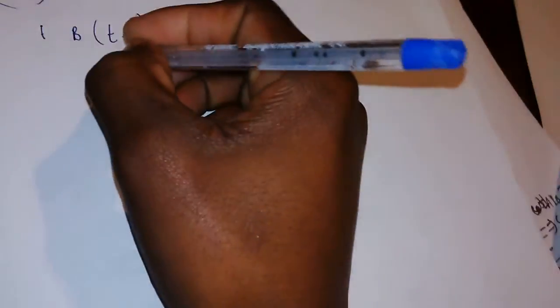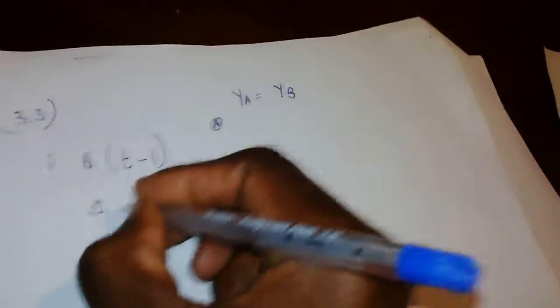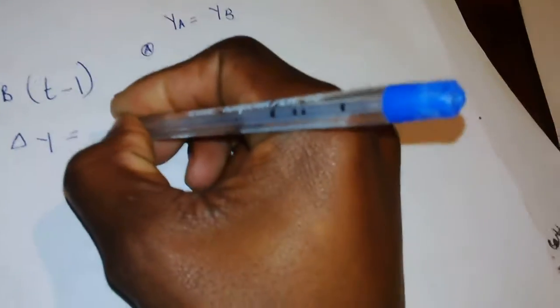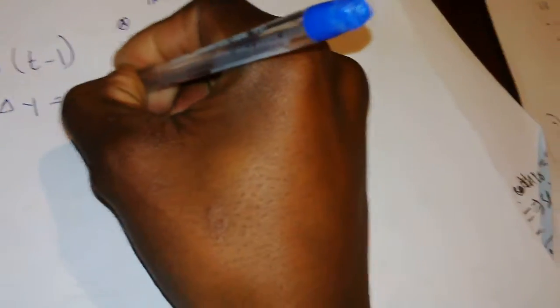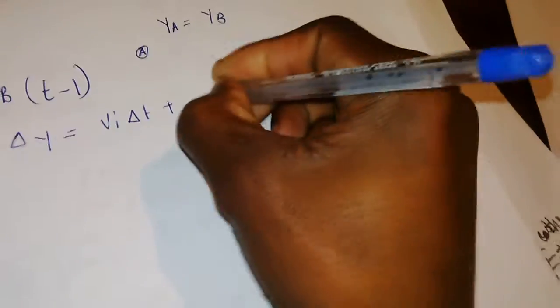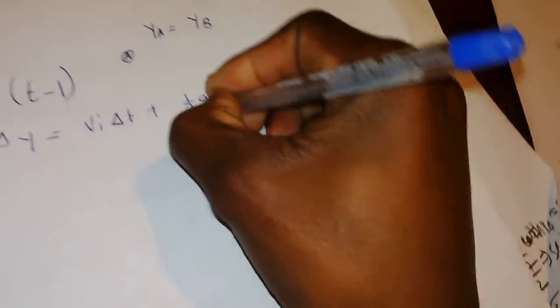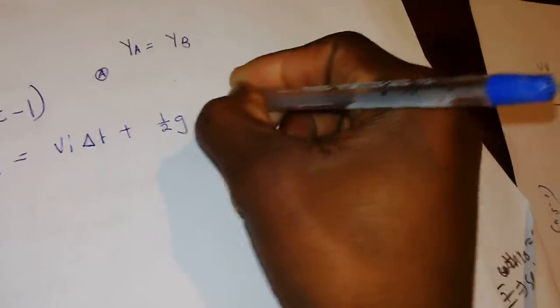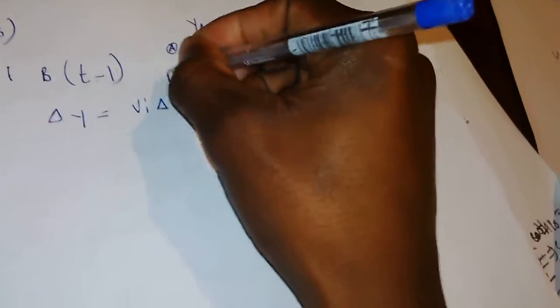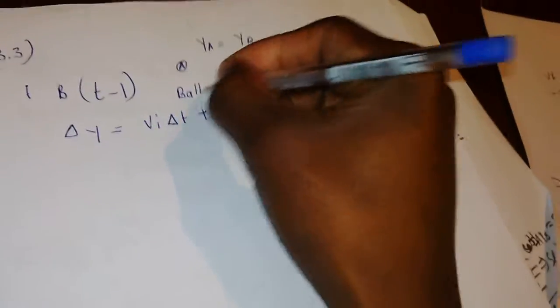Here's the equation that you must use most of the time when you come across questions like this: delta y is equal to vi delta t plus half g delta t squared. Let's calculate for ball A first.